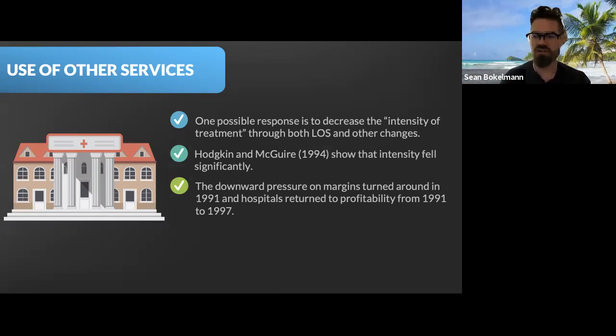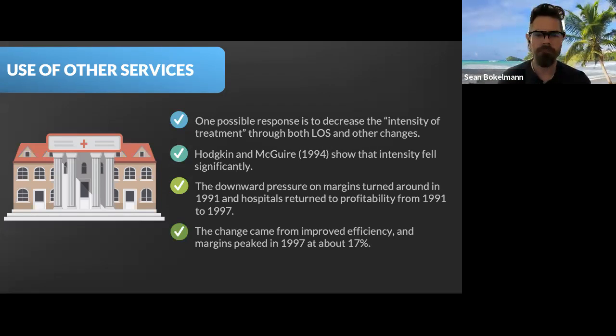Now the downward pressure on these hospital margins, like I said, turned around in 1991, and they returned to profitability between 1991 and 1997. And the change came from improved efficiency, which is exactly what the PPS was one of the things trying to achieve, right? And so this is great, right?